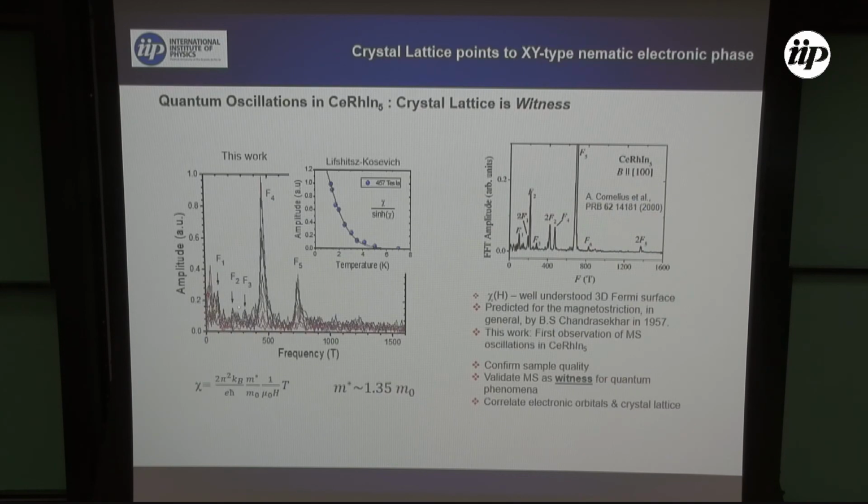But then we also take the Fourier transform for the different temperatures, and we apply the Lifshitz-Kosevich formula to the amplitude of the oscillations in the Fourier transform, and obtain an effective mass of 1.35 bare electron masses, which is very consistent with the spectra that was measured a number of years ago from magnetic properties by Cornelius and collaborators. One thing that's interesting here is that the peaks are at the correct frequencies.